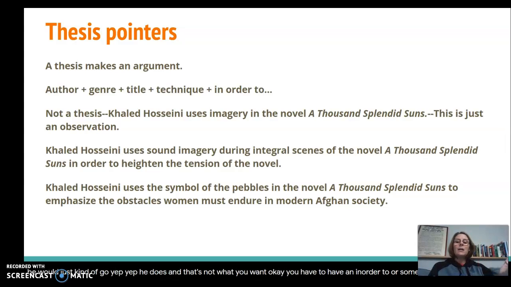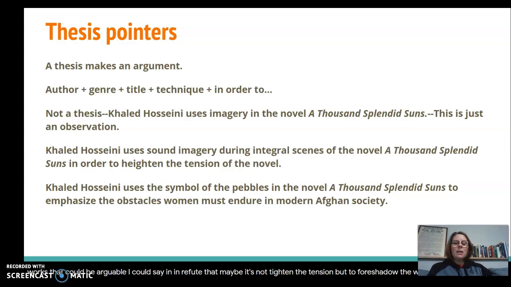So, "Khaled Hosseini uses sound imagery during integral scenes of the novel A Thousand Splendid Suns in order to heighten the tension of the novel." Okay, that works. That could be arguable. I could refute that maybe it's not to heighten the tension, but to foreshadow the trauma, whatever it might be, so at least there's something arguable.